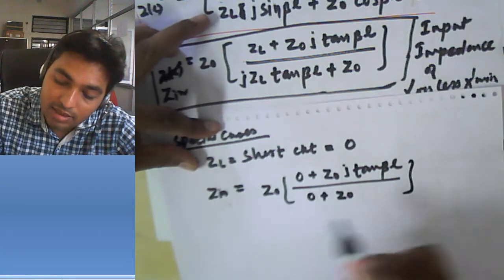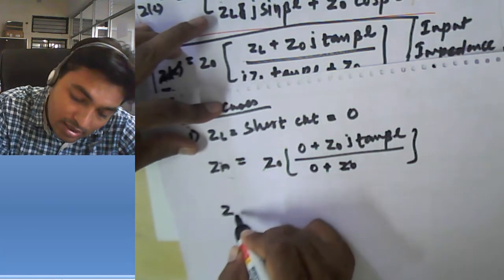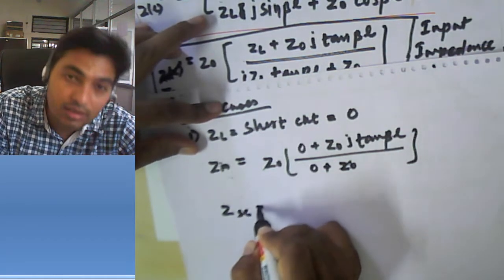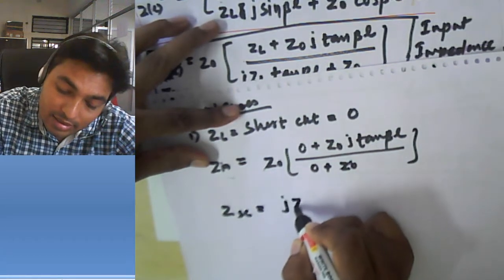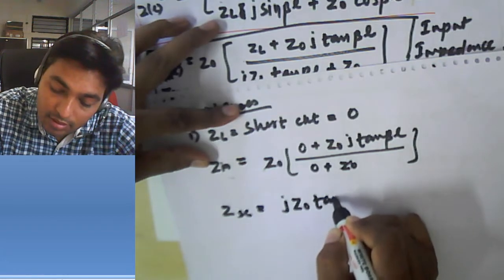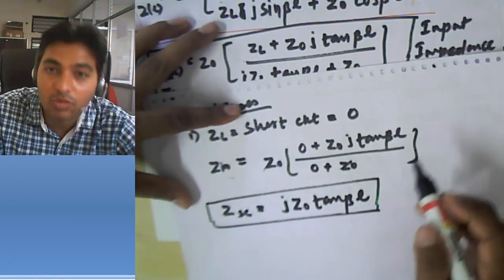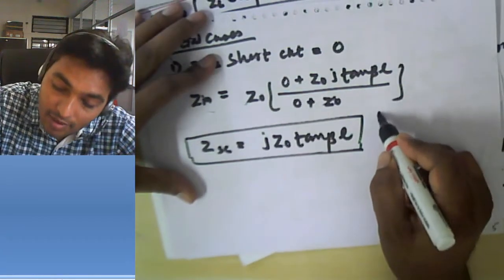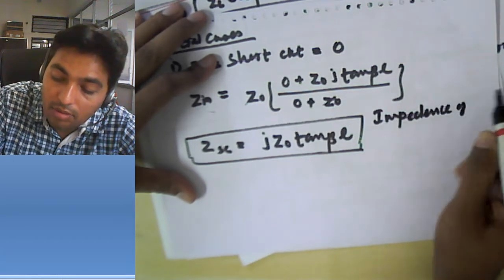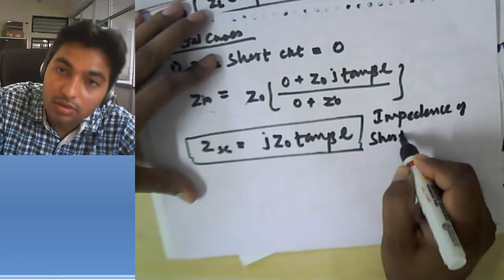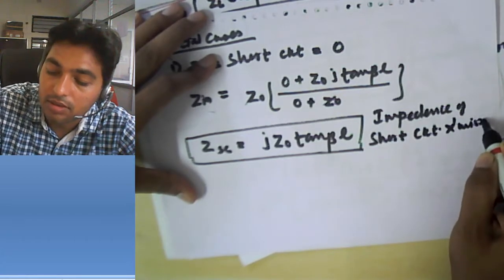So this will be equal to Z short circuit, that is, the impedance of a short circuited transmission line will be given by J Z0 tan beta L. This is the impedance of a short circuited transmission line.